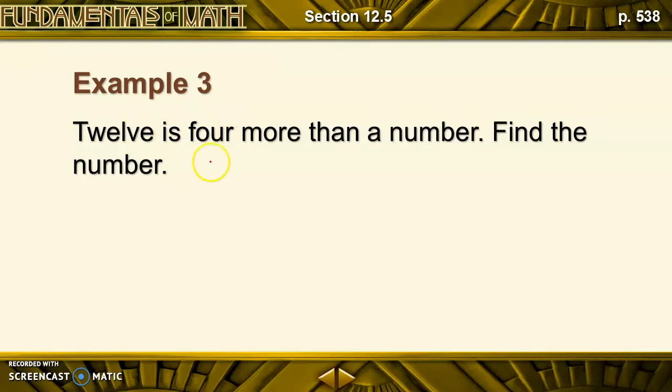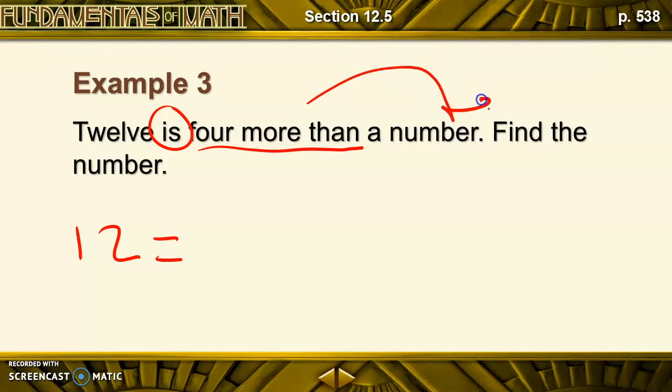This one may be a little bit more complicated because it's asking us to translate this as an algebraic expression. 12 is 4 more than a number. So the word is means an equal sign, and it says 12 equals 4 more than a number. So we're going to move this to the back.